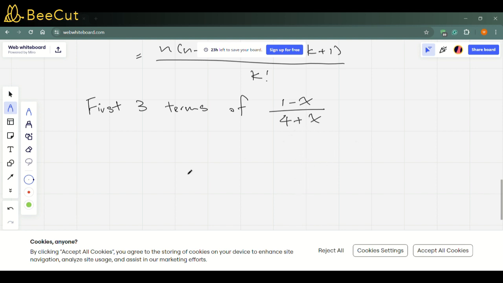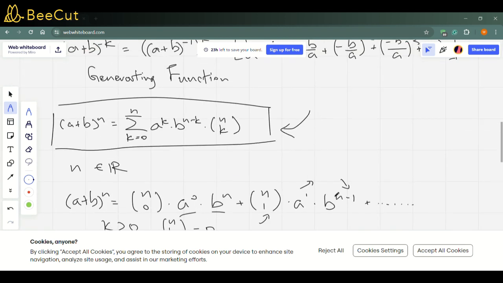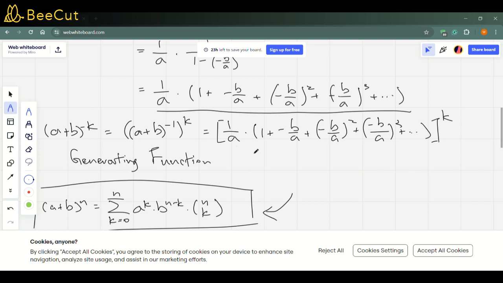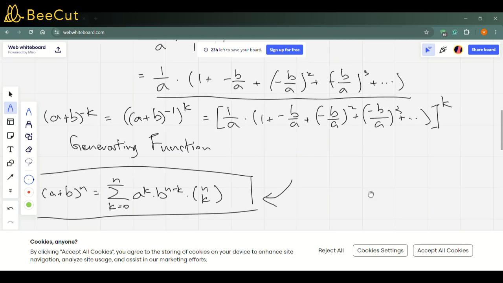Right, so what we can do is rewrite this as 1 minus x to the power of 1 times 4 plus x to the power of negative 1. So 1 minus x we can keep here, and we're going to use our formula that we derived earlier for our negative exponents, right?